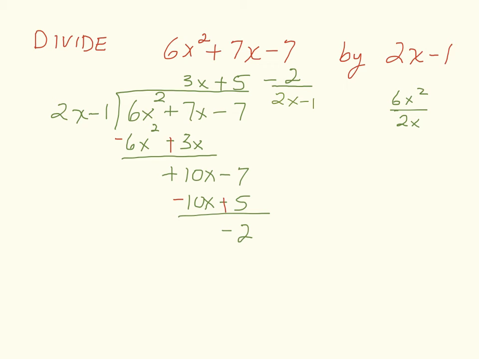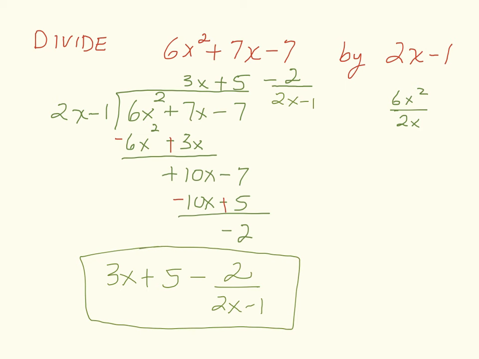So the answer really is 3x plus 5 minus 2 over 2x minus 1. Because the negative 2 over 2x minus 1 is the remainder. You leave it that way.